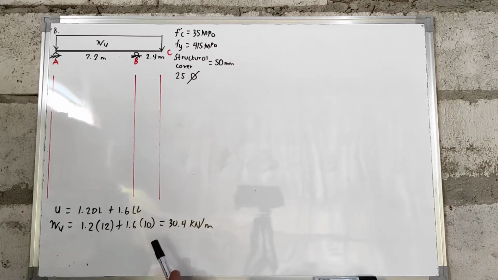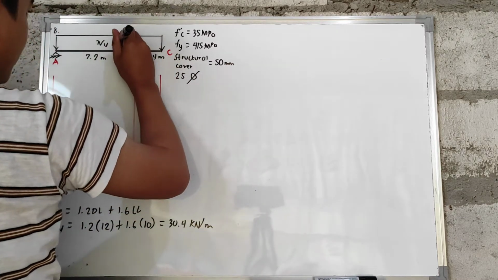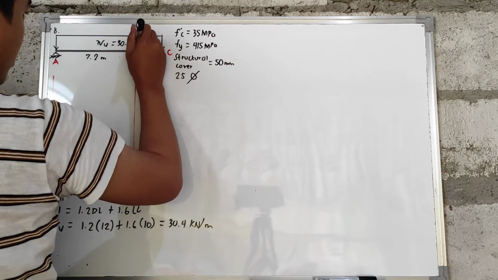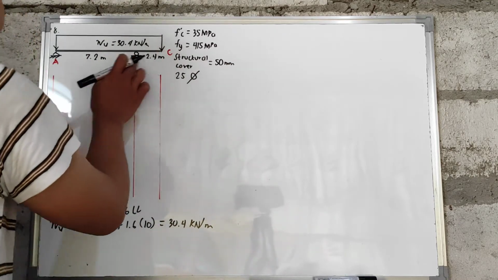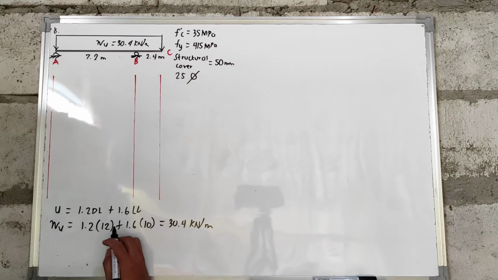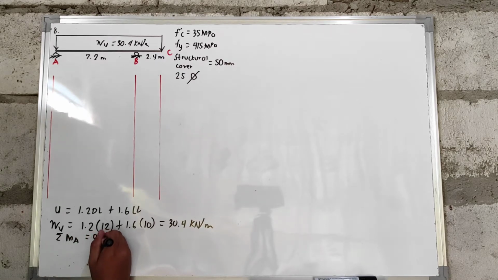So with that, kung mayroon tayong WU na 30.4 kN per meter, we will now solve yung mga reactions natin at A and yung reaction natin sa B. So paano po natin gagawin yon? So let's say we will take summation moment at A is equals to 0.